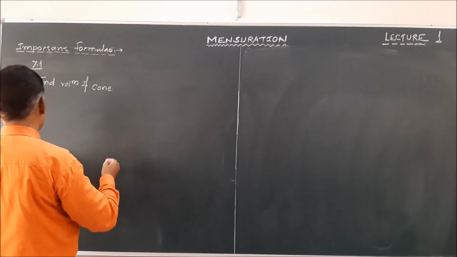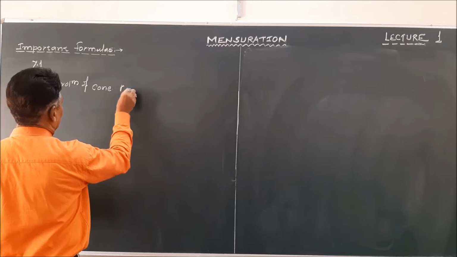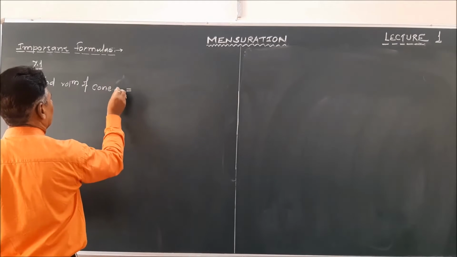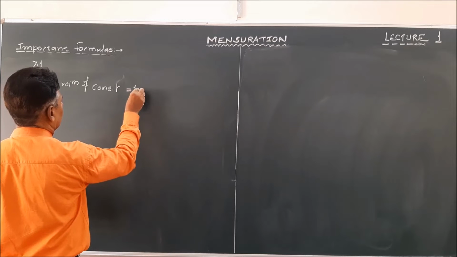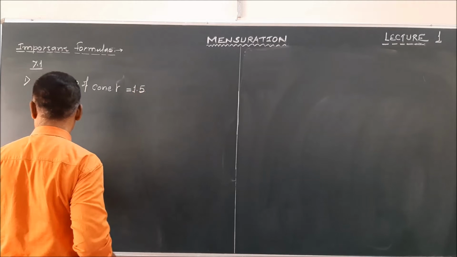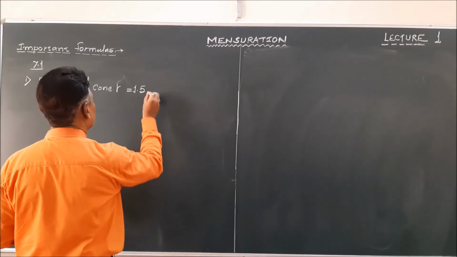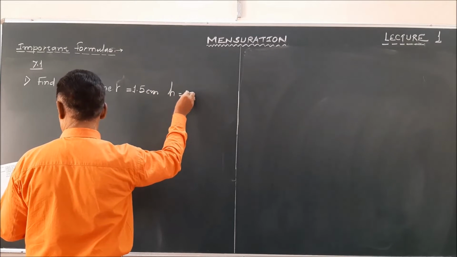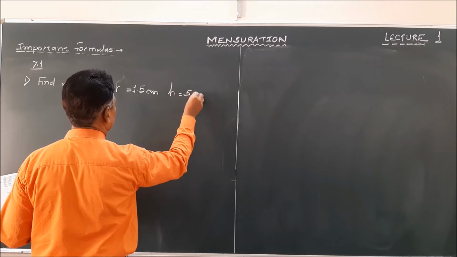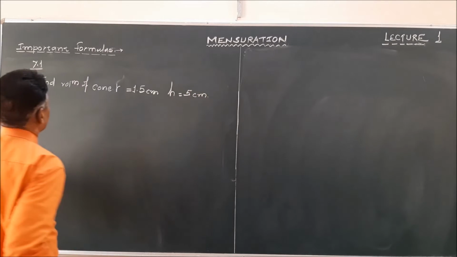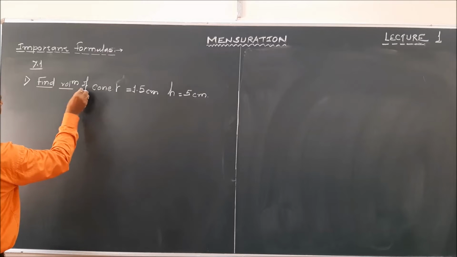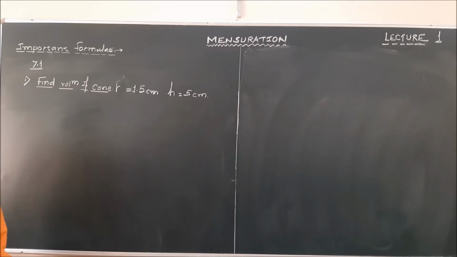The radius of its base is given as 1.5 centimeter and the perpendicular height is given as 5 centimeter. Question is: find the volume of the cone if the radius is 1.5 and the height is 5 centimeter.